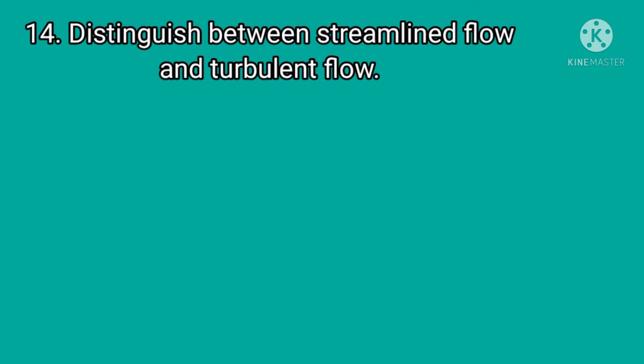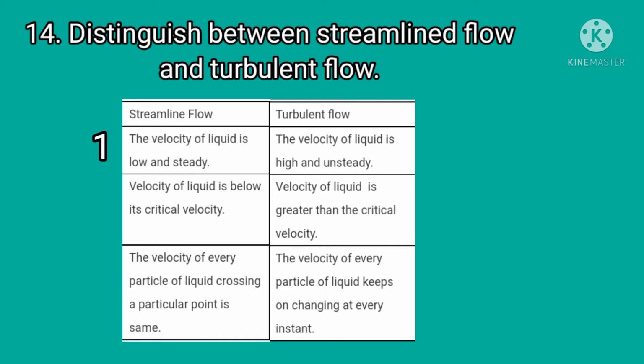The next question is distinguish between streamlined flow and turbulent flow. The velocity of liquid in the streamlined flow is low and steady, whereas the velocity of liquid is high and unsteady in turbulent flow.